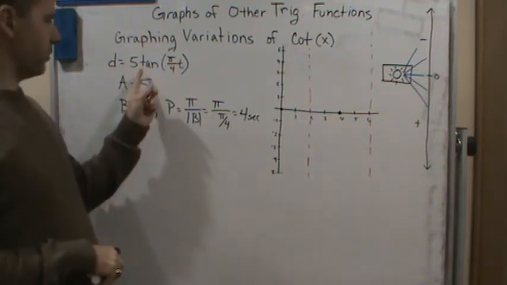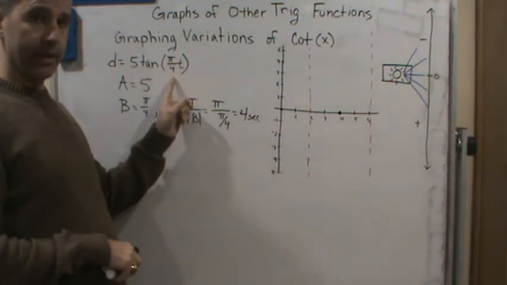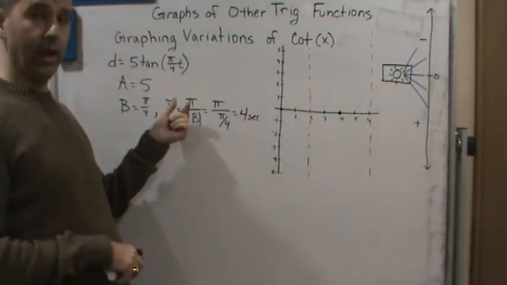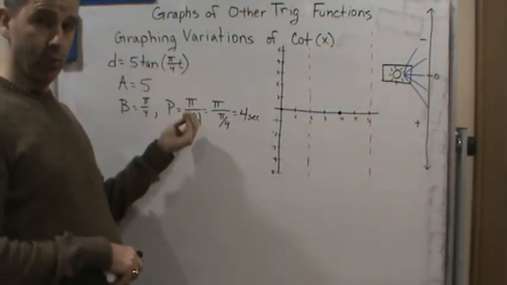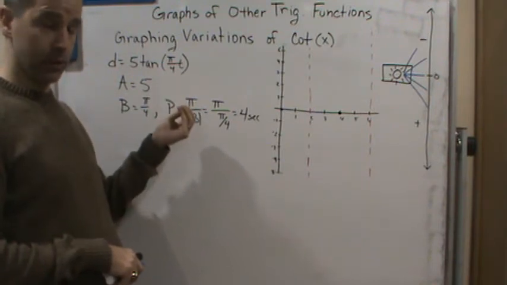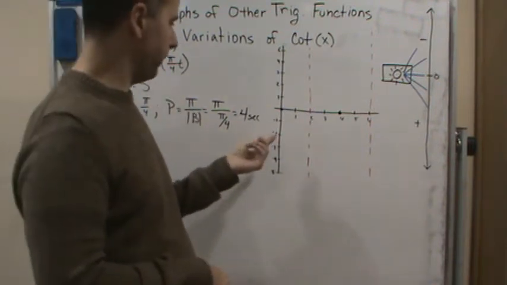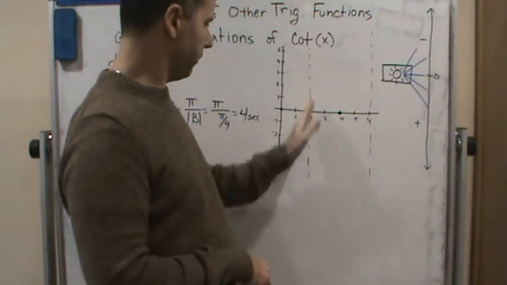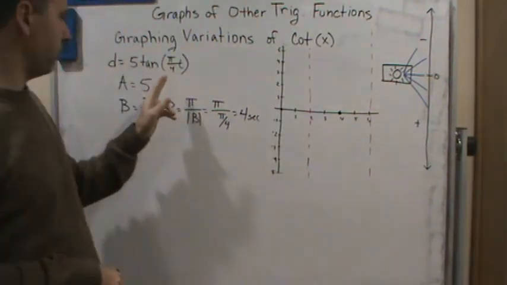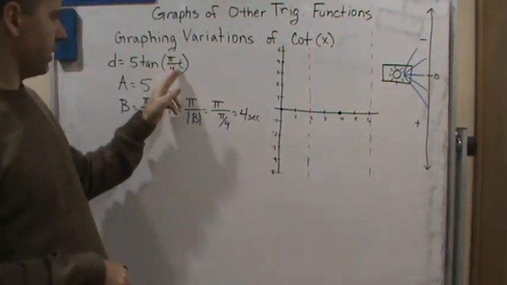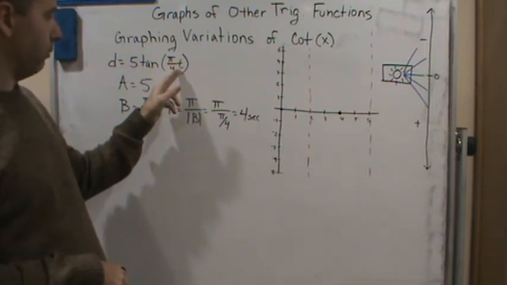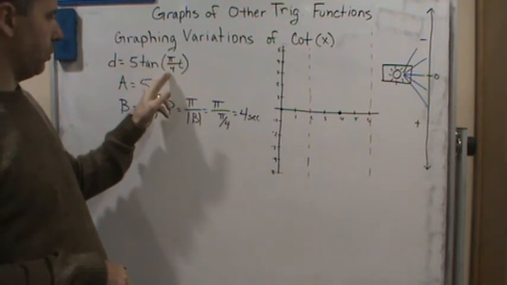Understanding tangent functions, the asymptotes are located at odd multiples of pi over 2. So that means it's going to be at 2, and what's the next odd multiple? That's going to be 3. So for 2, we get pi over 2.